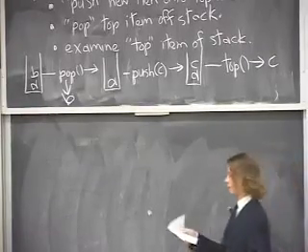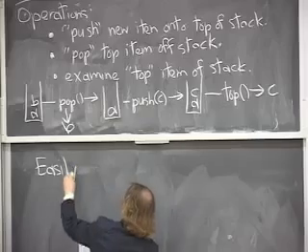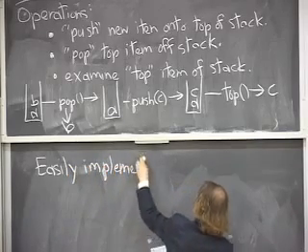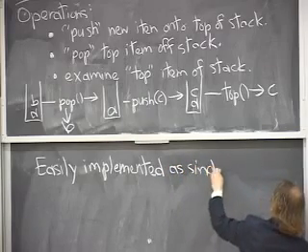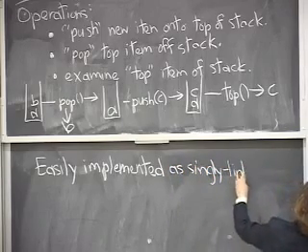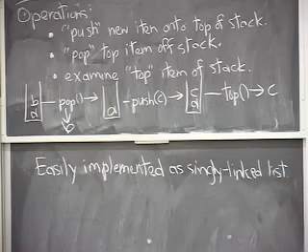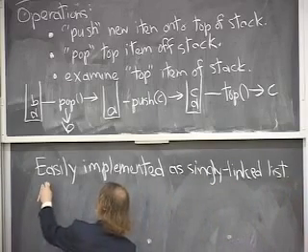Again, I said a stack is a crippled list. It's easily implemented using a singly linked list. And if your implementation is not totally stupid, then the push, pop, and top operations will all take constant time.